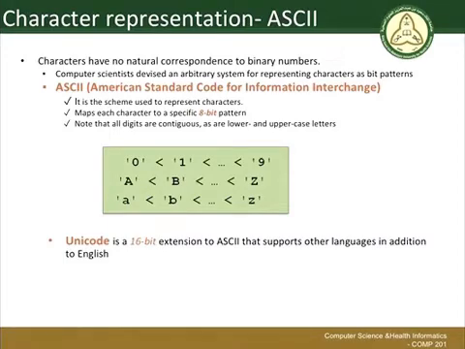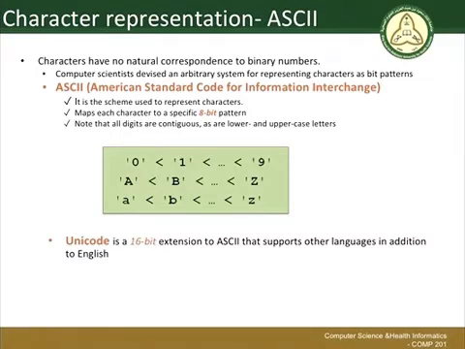For this reason, computer scientists devised an arbitrary system for representing characters as a bit pattern, and this system was called ASCII, American Standard Code for Information Interchange. It is a scheme used to represent only the American characters and punctuation in addition to the digits.